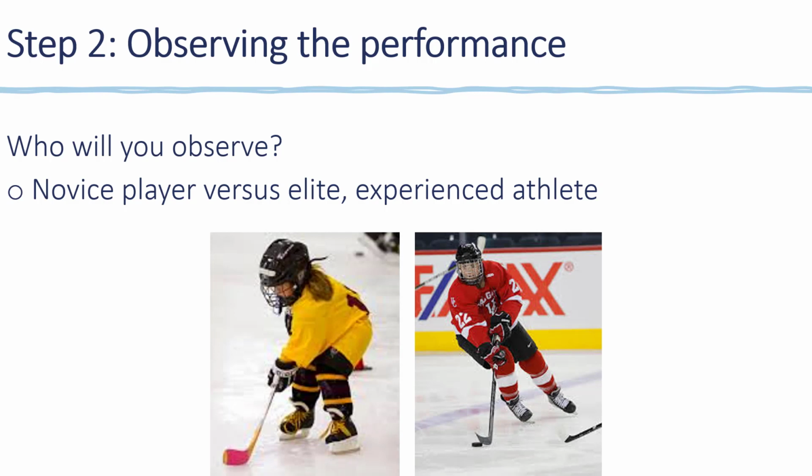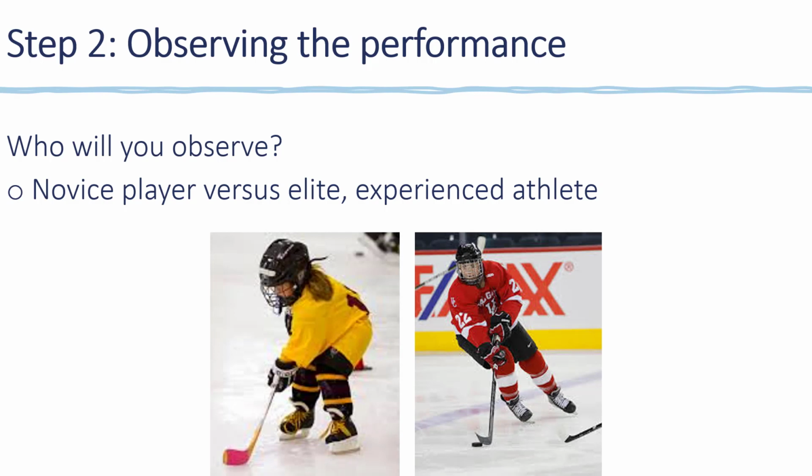So novice performers of a skill exhibit errors that are usually more easily recognized, but that may not be repeated from one performance to the next, because they're so variable in the way that they're performing the skill. So their performances could be so variable that a detailed analysis would be really painstaking and futile. So instead, your observation should be directed at identifying their sort of gross or major errors in each performance.